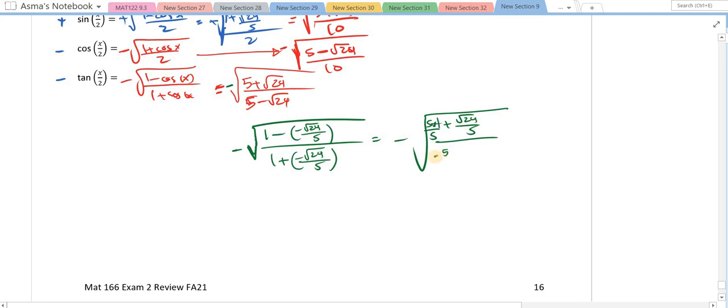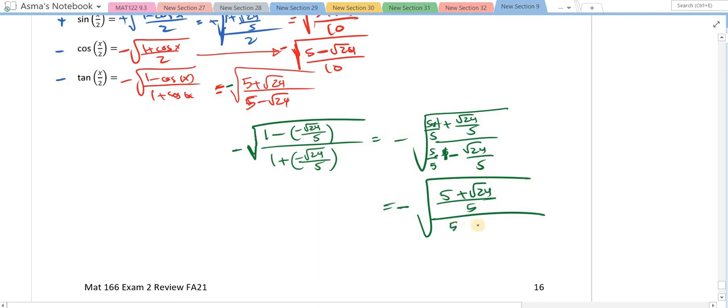Same here, we multiply by 5, divide by 5, minus square root of 24 over 5. So this is negative square root of 5 plus square root of 24 over 5, divided by 5 minus square root of 24 over 5. And these will eliminate each other. And then we're going to end up with this answer right here, not this answer. And that's it.